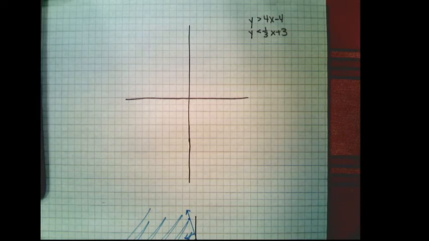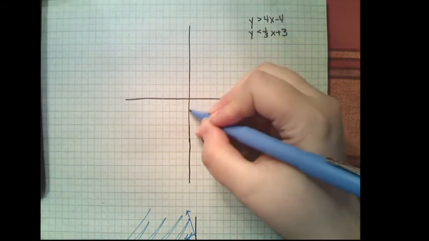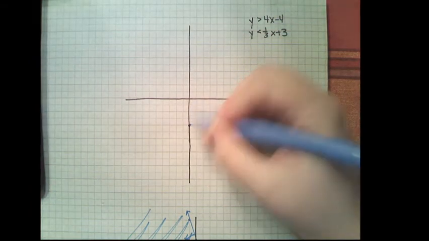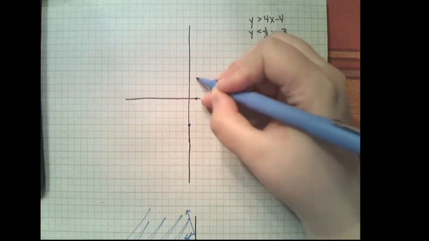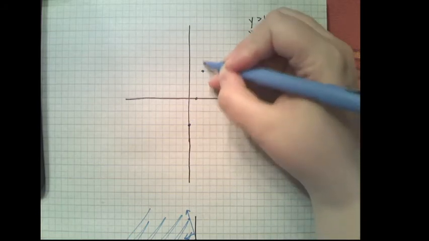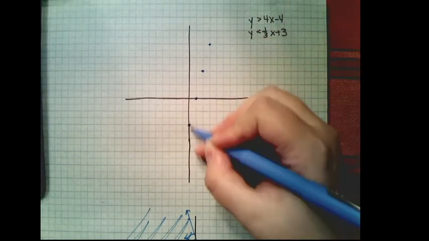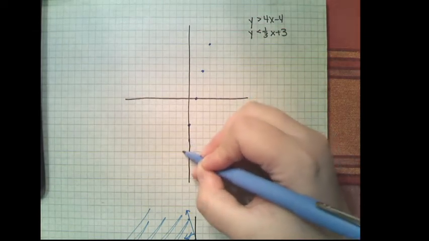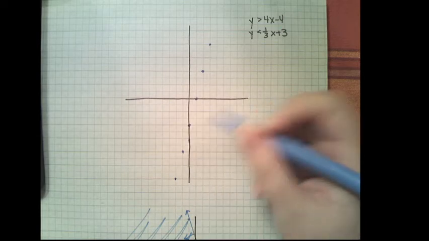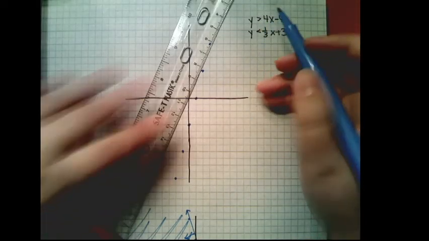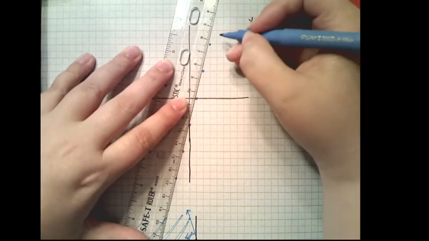So let's graph the first inequality. Start at -4. Then we have a slope of 4. And go down 4. And there is no equal to sign, so it is going to be a dashed line.